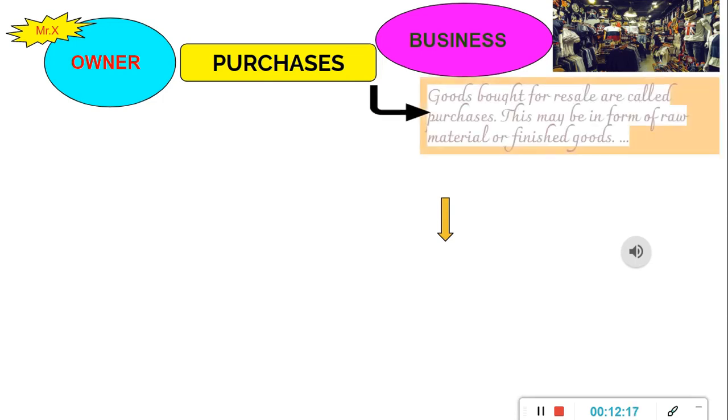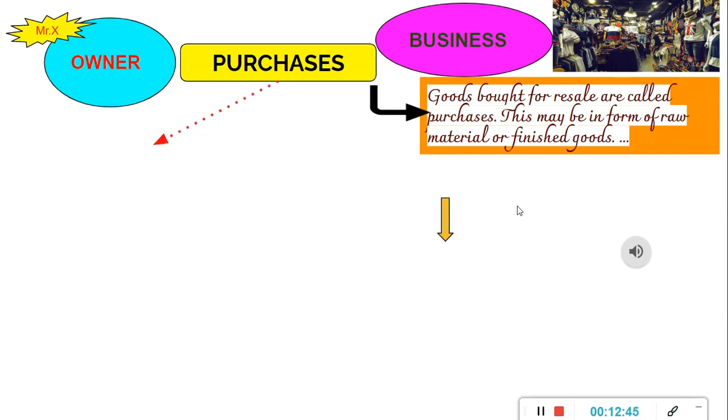Goods bought for resale are called purchases. This may be in the form of raw material or finished goods, right? Now, Mr. X has purchased some raw material, or finished goods, for his business. Now, let's suppose Mr. X has purchased some material from Ram on cash.